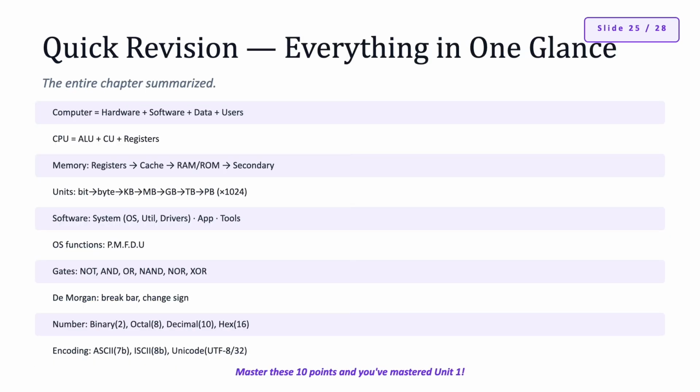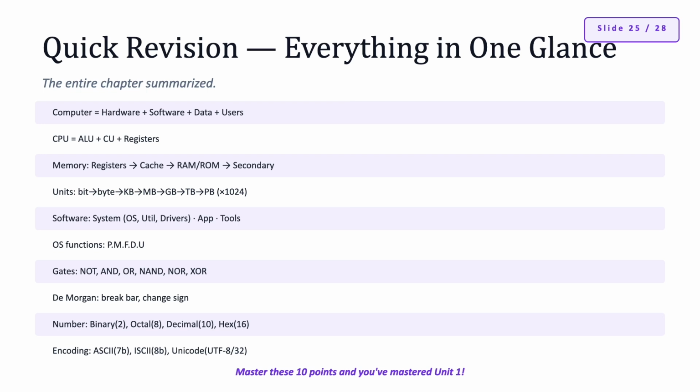Quick revision, everything in one glance. Computer system equals hardware plus software plus data plus users. CPU equals ALU plus CU plus registers. Memory equals primary, RAM or ROM, plus cache plus secondary.